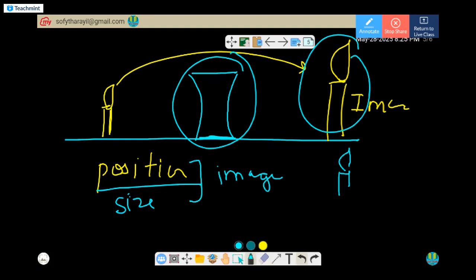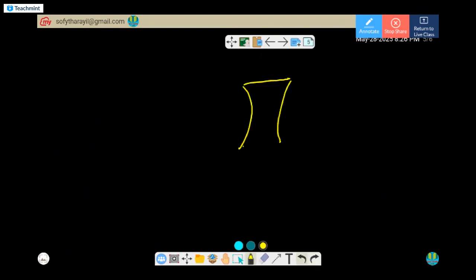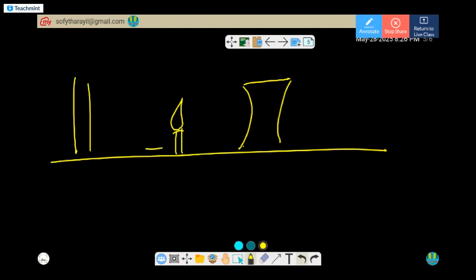Yes, Anushka, what is your opinion? No, it won't get affected. Okay. Adit, what is your opinion? Is it that if I cover half or some part of the lens, the position of the image will change? Let's say the image is formed behind.